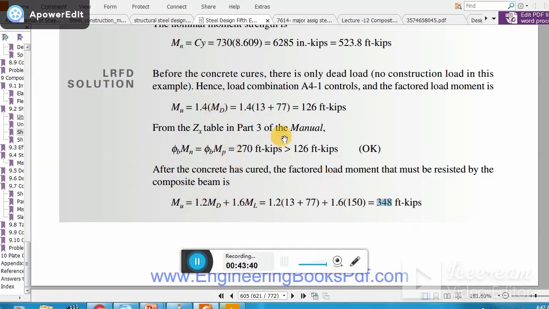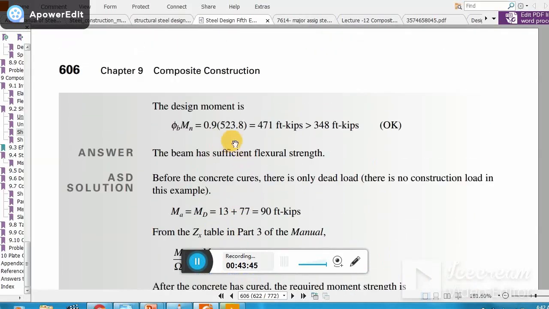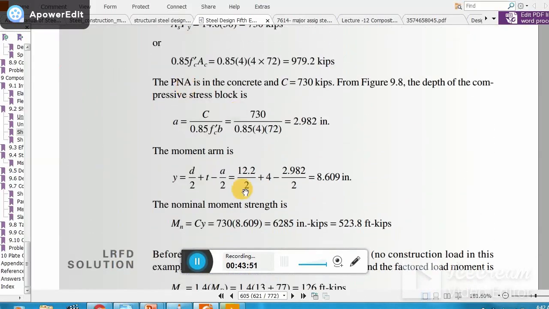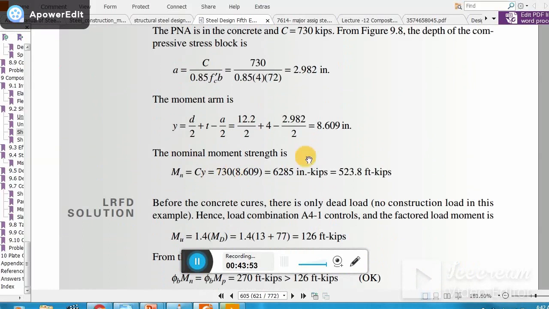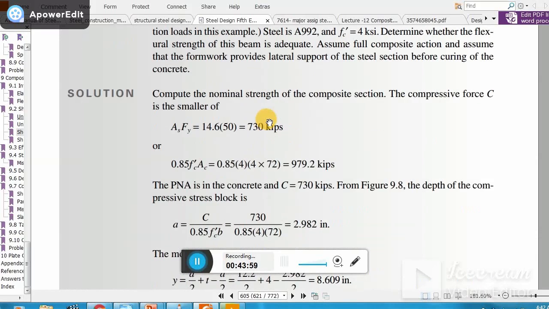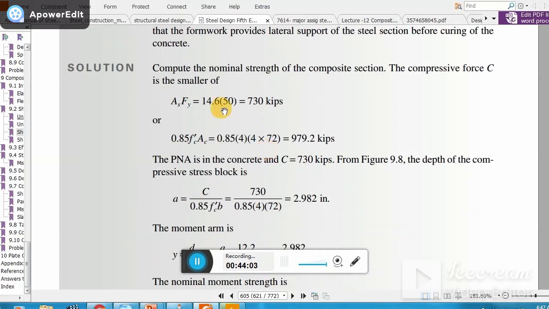We got 348, but here you see we used the ZX table, whereas here we will calculate the composite action, which we already calculated. In case of composite action, both steel and concrete strength are contributing, because concrete gains strength after 28 days.